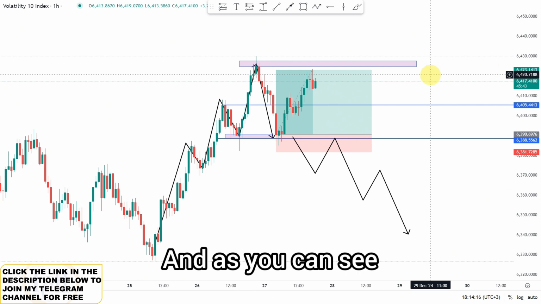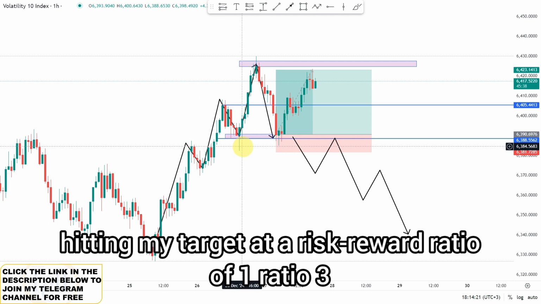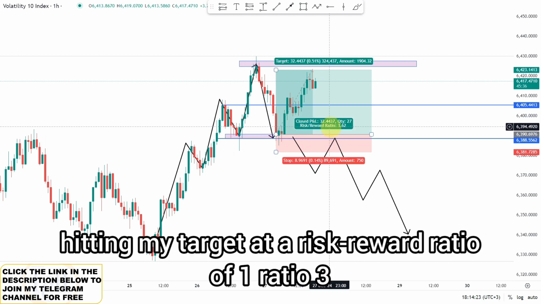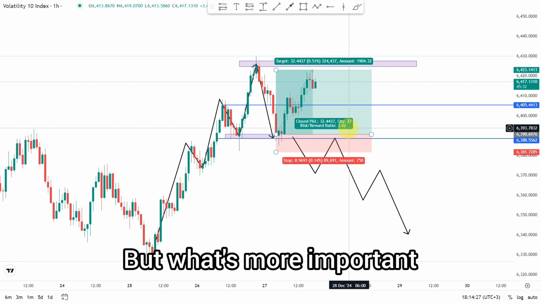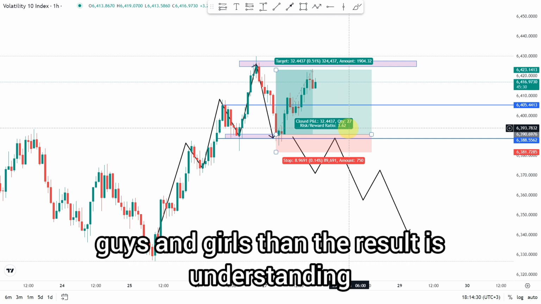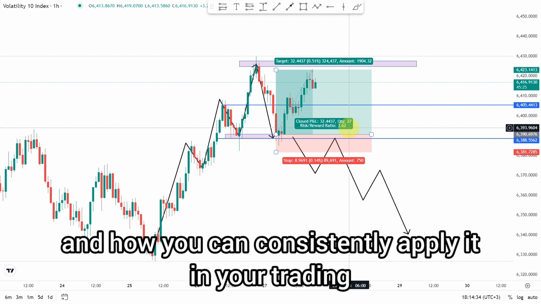And as you can see, guys and girls, the trade played out very perfectly, hitting my target at a risk reward ratio of 1:3. But what's more important, guys and girls, than the result is understanding why this strategy works and how you can consistently apply it in your trading.